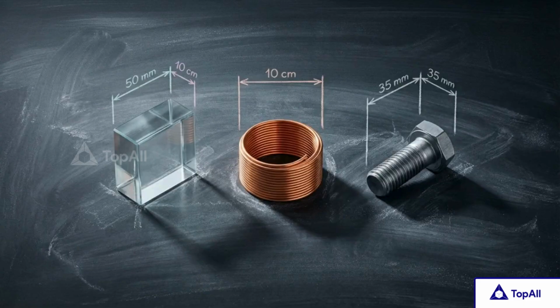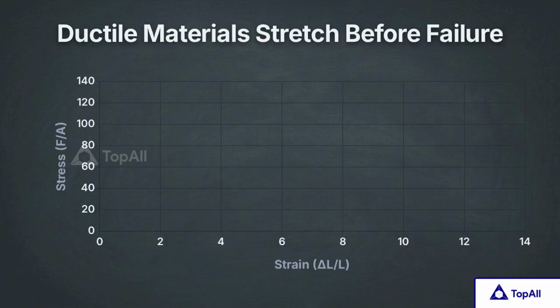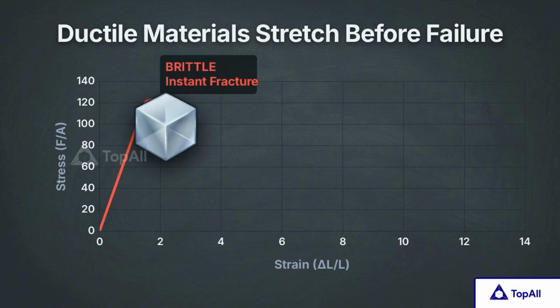We can actually classify different types of materials simply by looking at the physical gap between their ultimate strength and their final fracture point. Take a look at this curve, where the ultimate strength peak and the fracture point are stacked closely together. This indicates a very brittle material, like glass, which suddenly shatters almost the second it hits its maximum capacity.